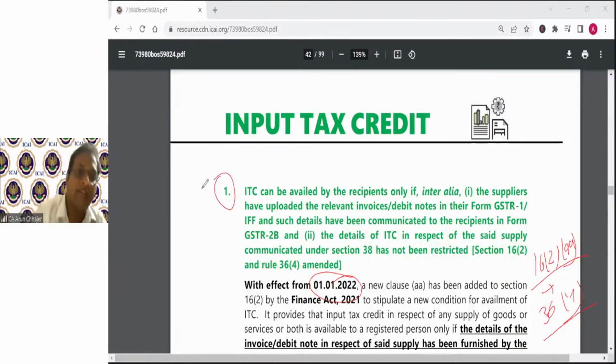Point number 1 I have discussed. Please confirm this is okay. Let us discuss one by one; if a certain point is not touched, we will discuss it in detail. Point number 1 already discussed. I hope it is okay, right?